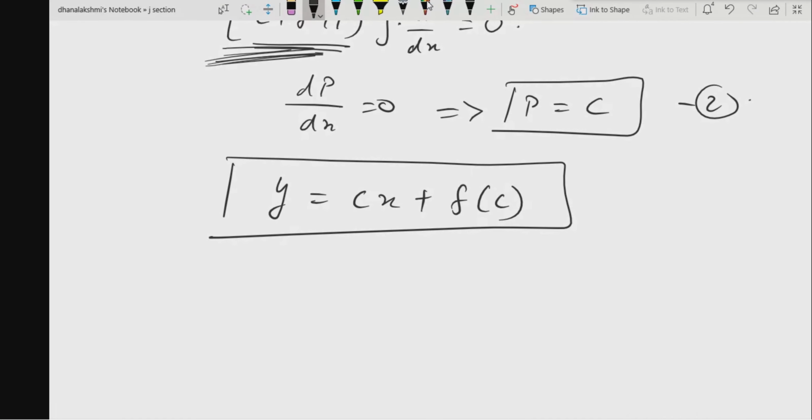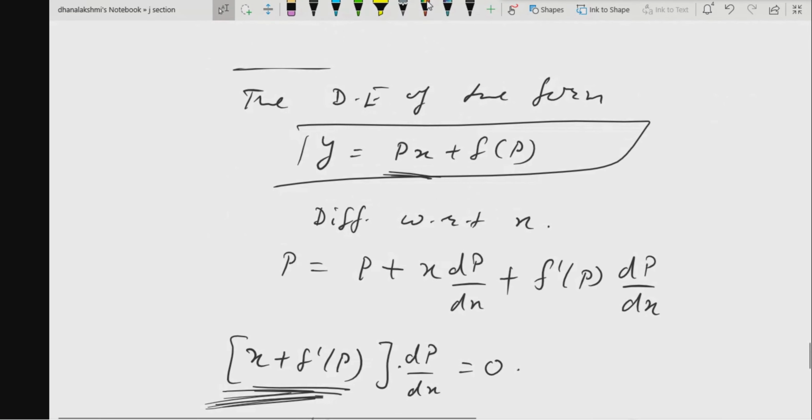If it is a 1 mark question and I give a Clairaut's equation, suppose, starting today's first class we have taken one such example, if I'm not wrong. Let me check.